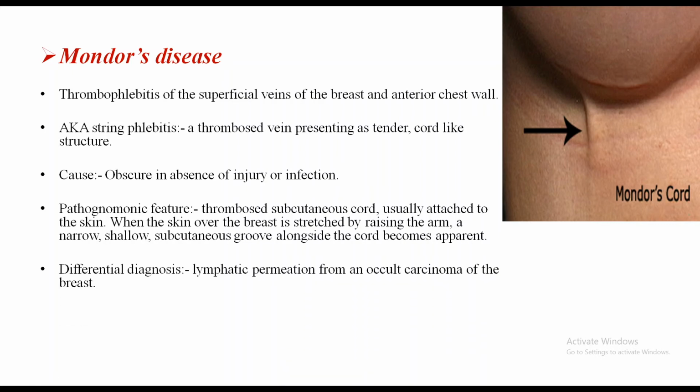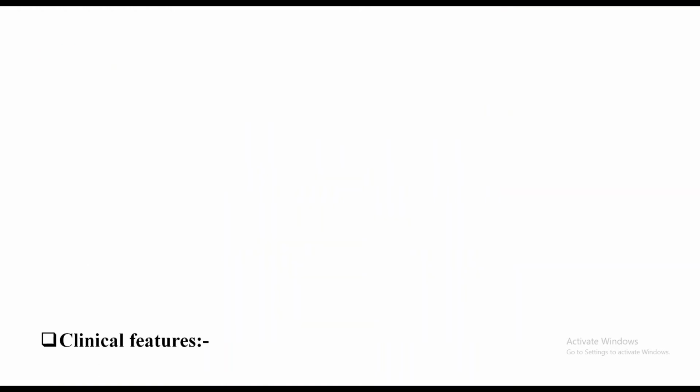The differential diagnosis is lymphatic permeation from an occult carcinoma of the breast. Malignancy may be subsequent or coincidental, because we have seen some patients who are malignant, but it is not clear whether it is subsequent to Mondor's disease or a coincidental finding.